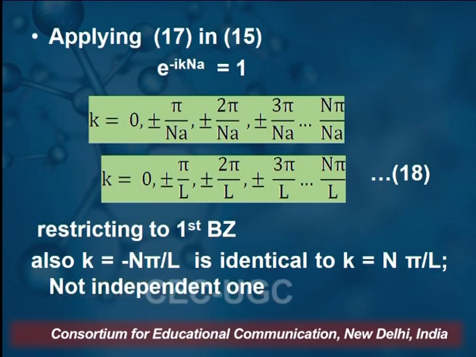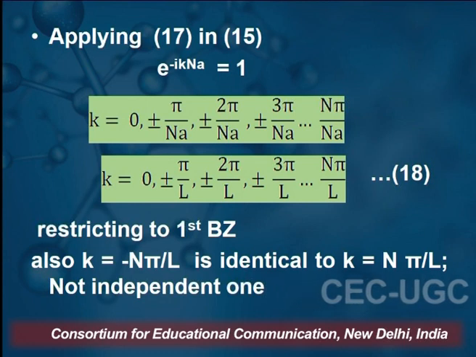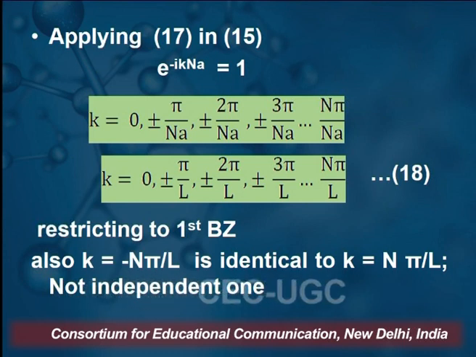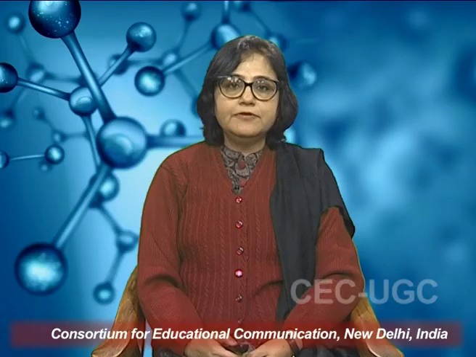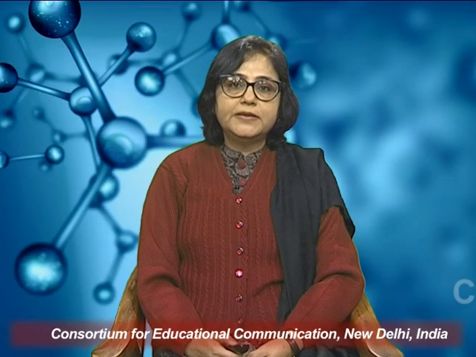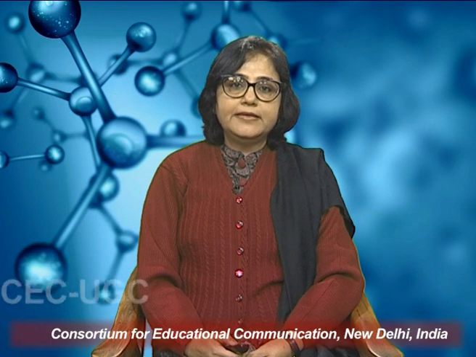So, if I apply equation number 17 in equation number 15, we will find that e to the power of minus i k Na will be equal to 1, which means k can have values 0, plus minus pi by Na, plus minus 2 pi by Na and so on up to capital N pi by Na, or k will have values 0, plus minus pi by L and so on.